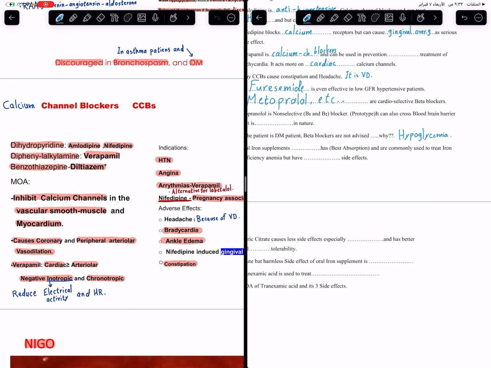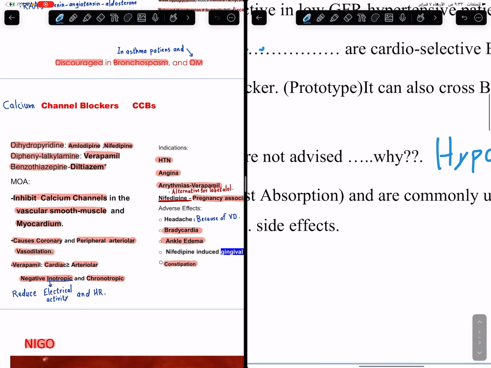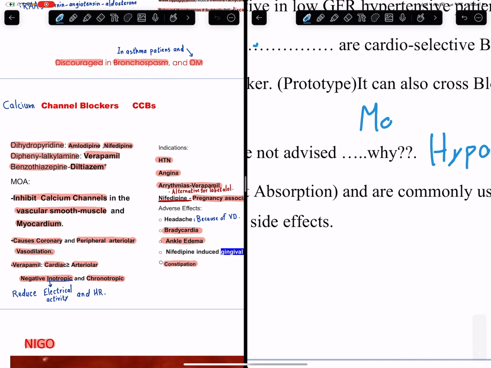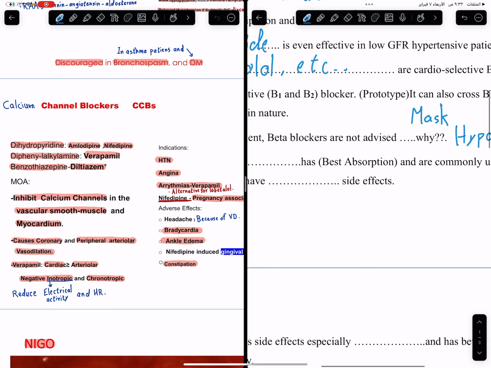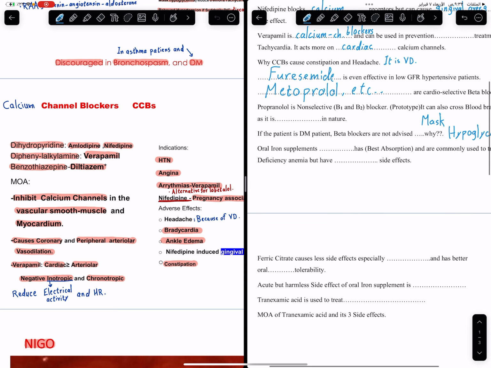For this reason we say mask hypoglycemia, because hypoglycemia alone doesn't make sense.